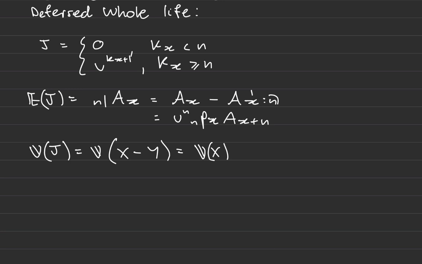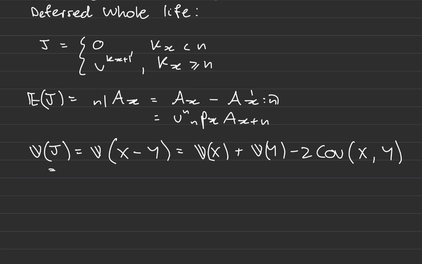Okay, so the variance of X minus Y is going to be equal to the variance of X plus the variance of Y minus 2 times the covariance of X and Y. Okay, and if I expand this out, the variance of X, I know this is the variance of the same present value random variable that gave this expectation.